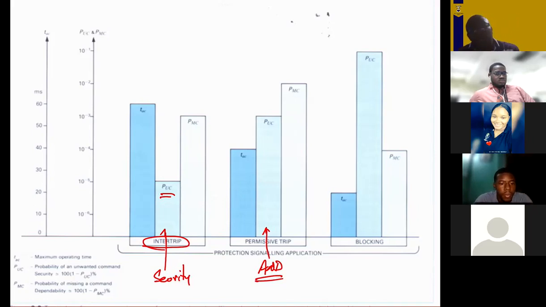If you do that with the blocking scheme, so if you have low dependability, meaning the probability of missing a command is high, based on the communication medium, if that happens and it misses the command, it's going to operate and therefore take out a line that it should not have taken out. So you're going to impact more customers than you need to. I hope I have not muddied the water any more.